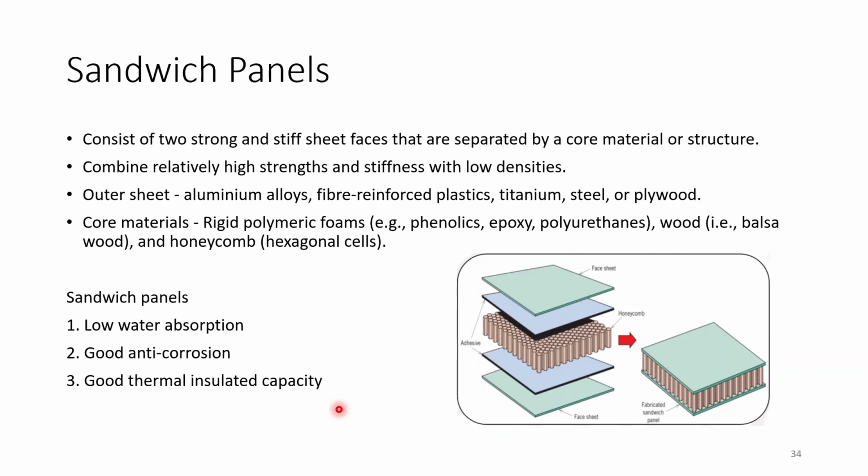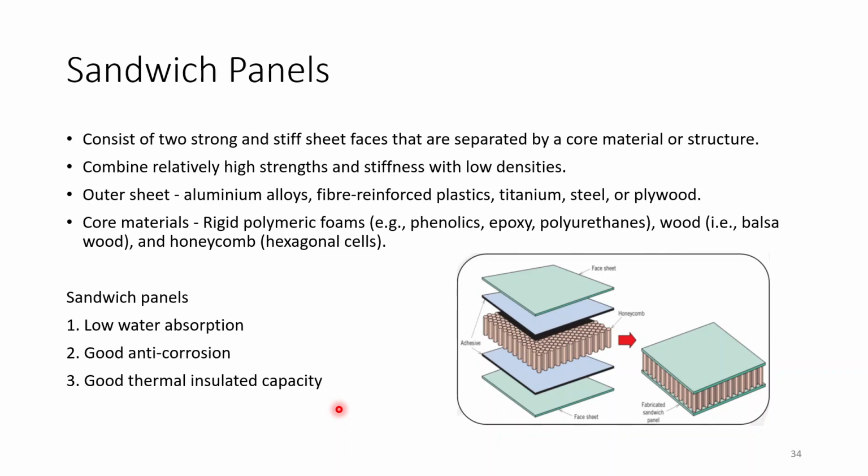Next you have sandwich panels. It consists of two strong and stiff sheet faces that are separated by a core material or structure. It combines relatively high strength and stiffness with low densities, and the outer sheet is made of either aluminum alloy, fiber reinforced plastics, titanium, steel or plywood.